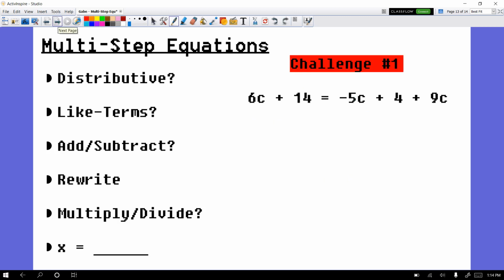So, challenge number 1, and there's going to be a challenge number 2. I want you to really put forth an effort trying to make it through challenge 1. Challenge 1 and challenge 2 have a mix of absolutely everything we've done. So I just want to make sure that you're able to navigate the checklist and arrive at a logical answer.